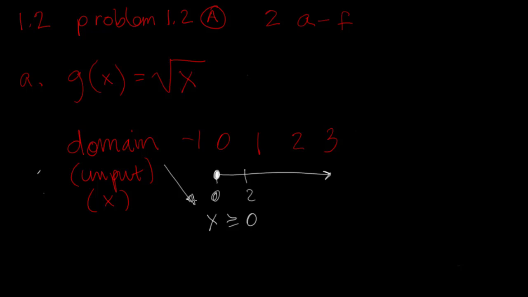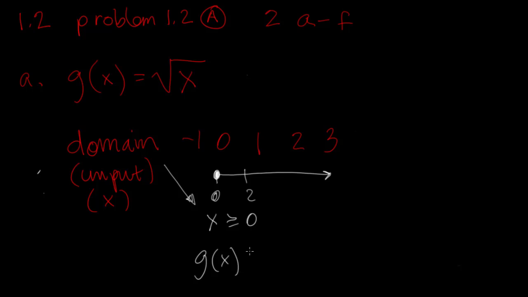Likewise, if you put in the value of 0 for x, what's the square root of 0? That's 0. If you put in the number 4 in for x, the square root of 4 is 2. So you can't get anything less than 0.